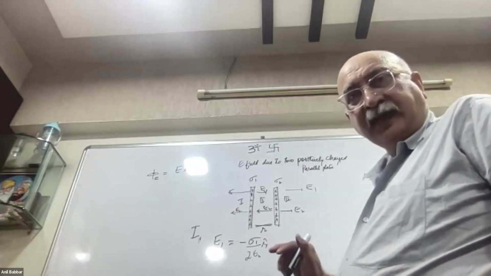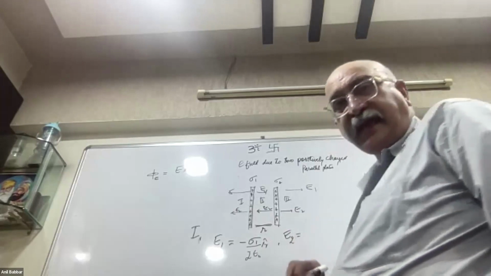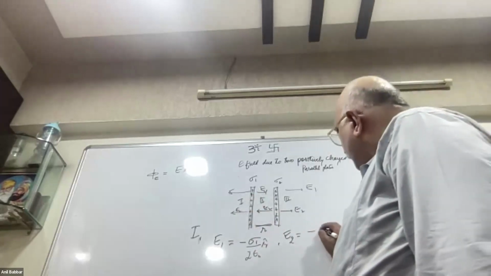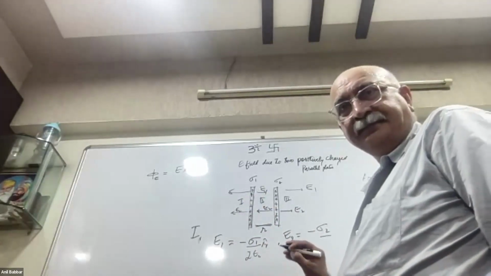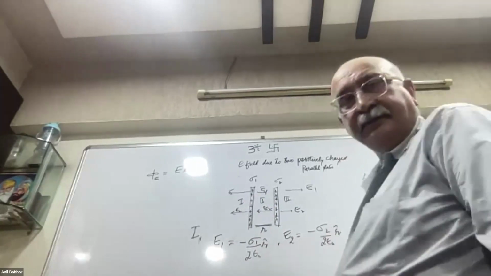Then E2 is sigma 2 by 2 epsilon naught R cap.